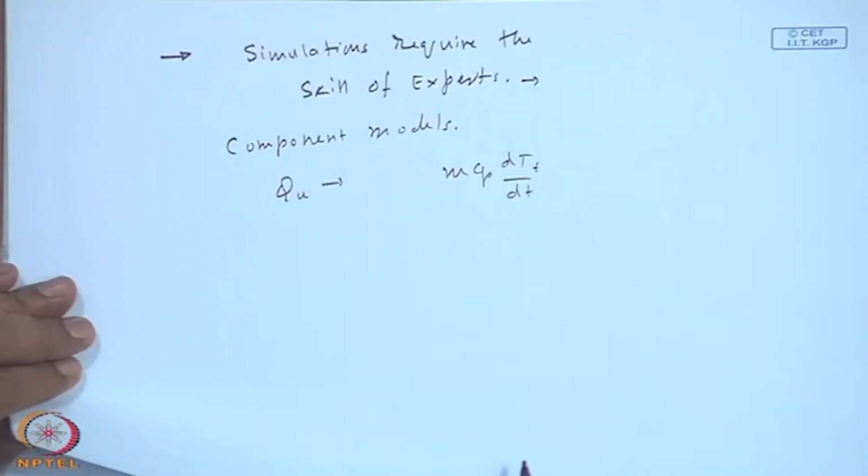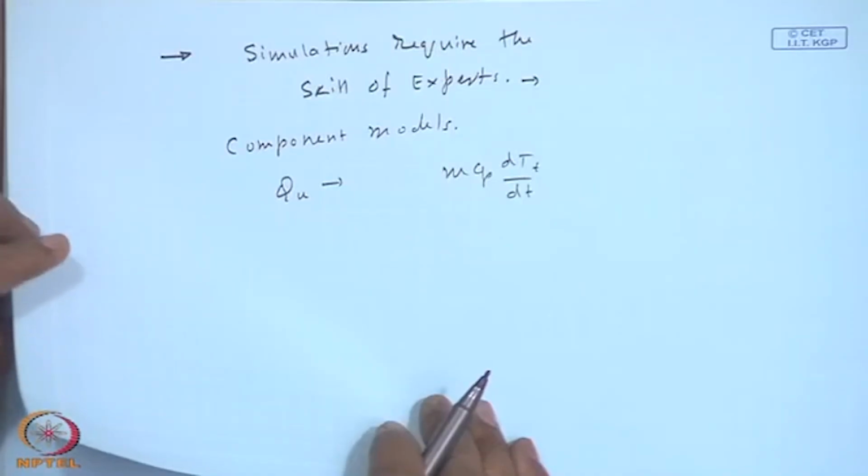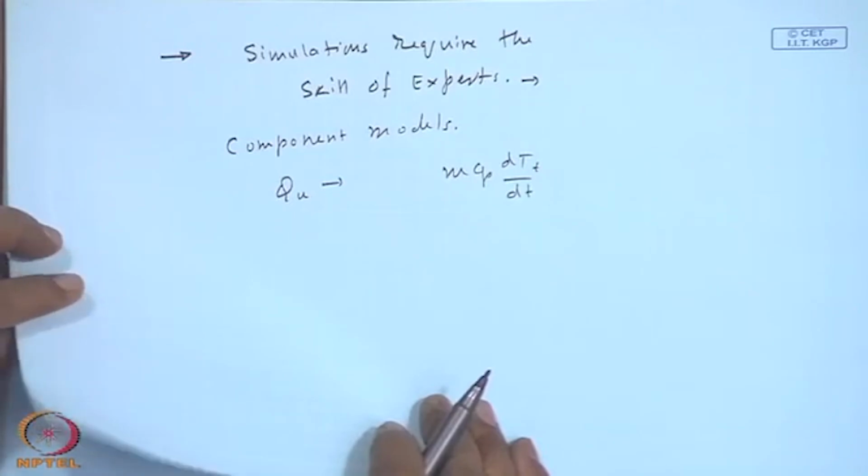And if you take for example, a pipe and you estimate the loss as the surface area multiplied by the effective heat transfer coefficient and a delta T, that will be the model for the pipe, and the length of the pipe is going to determine how much losses are going to take place. So, we need the component models, and sometimes it is complicated. You have to develop the component models depending upon the component that is being employed.